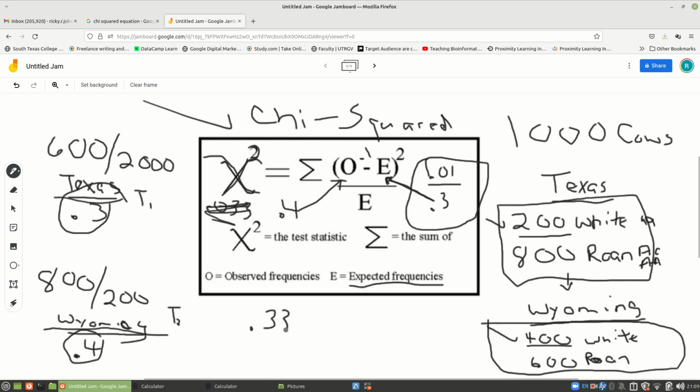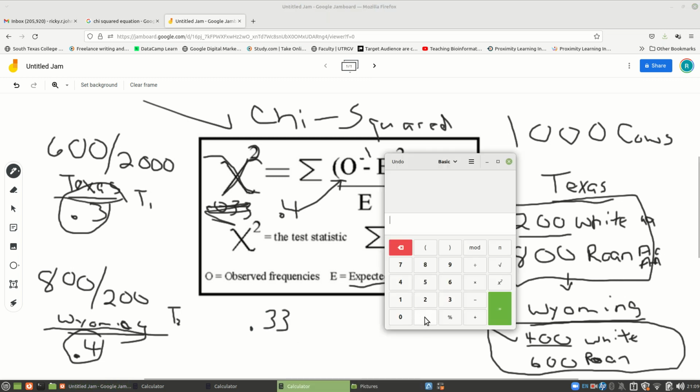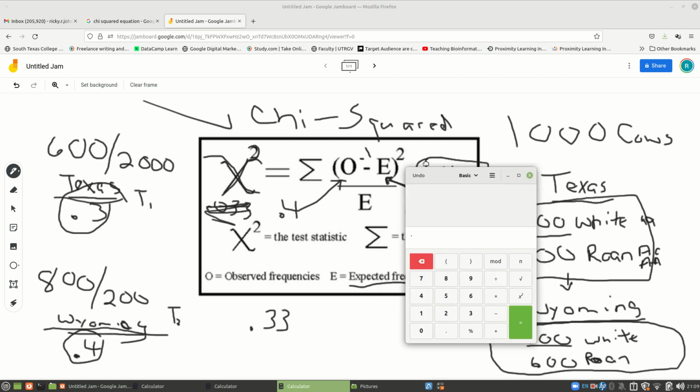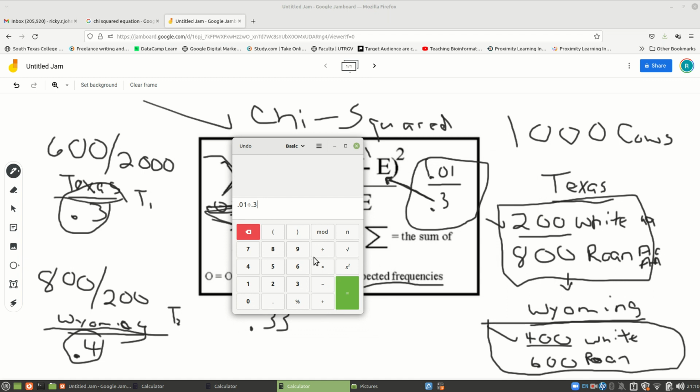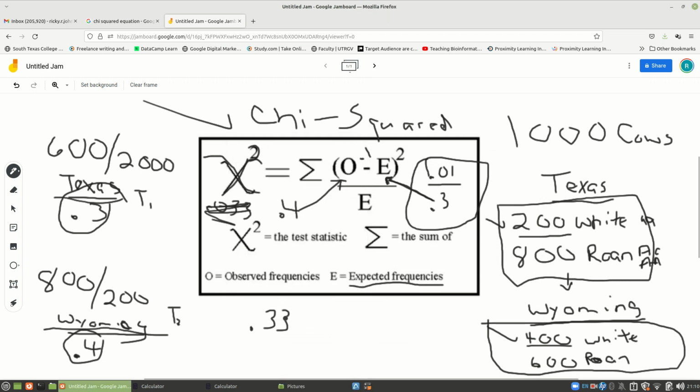Let me do that again. I was sick earlier in the week, and I am not 100% here. 0.033. Yeah, I had it right the first time. Okay. Let's see. I have an eraser here somewhere, don't I?